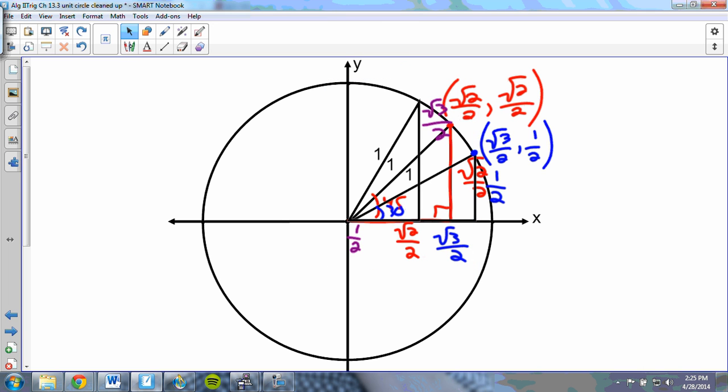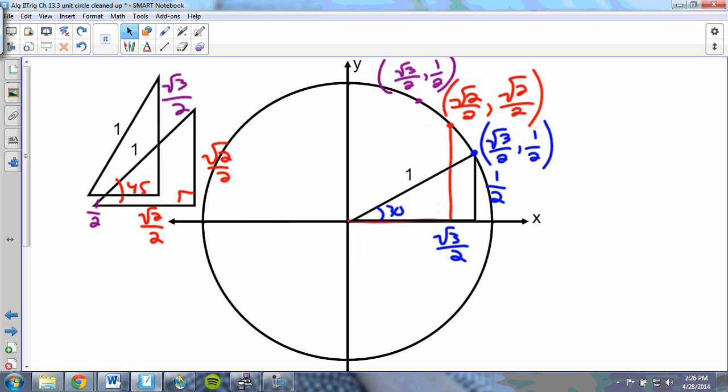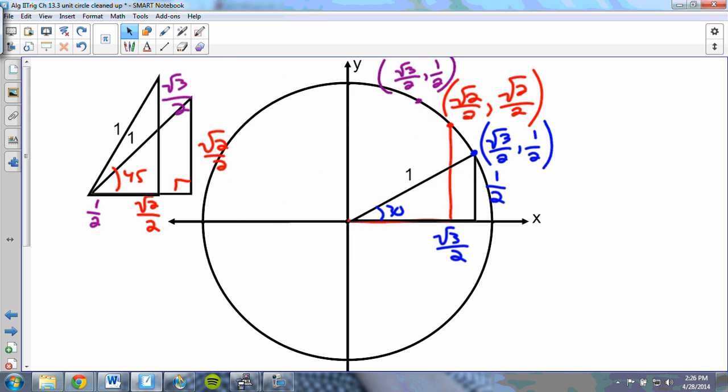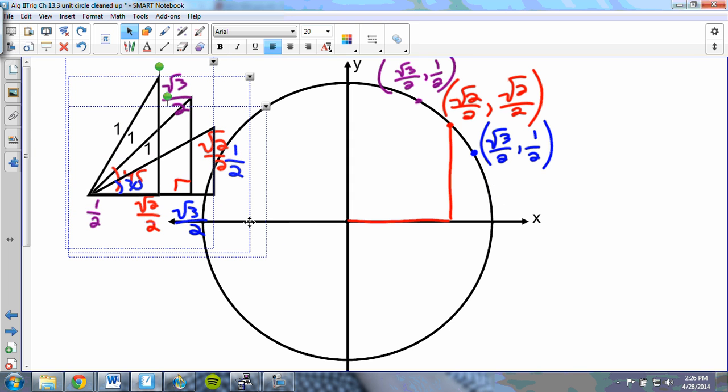Let's set the point: root 3 over 2, comma 1/2. Well, since I found those 3 points, there's no reason I couldn't find more points also. There's no reason I couldn't grab this triangle, and this triangle, and this triangle, and ungroup everything.